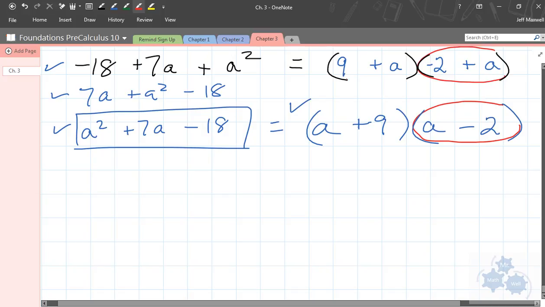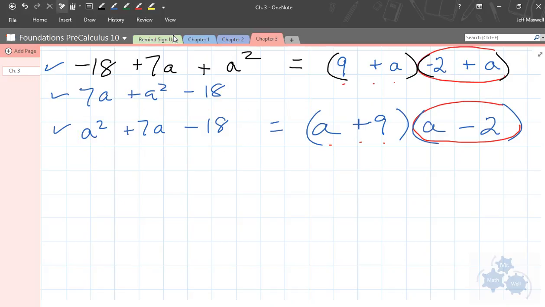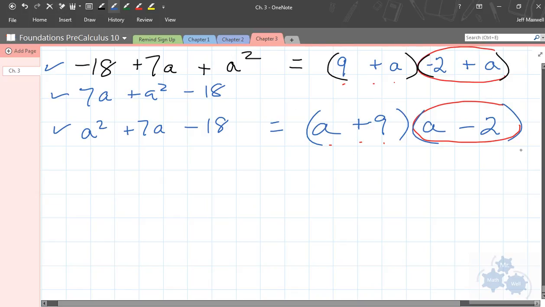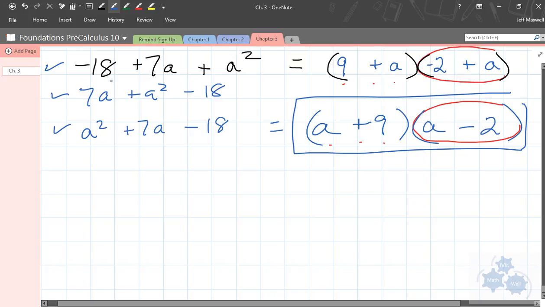Okay? And of course, 9 plus a is the same as a plus 9. So either way is okay. They're both correct. I'm going to throw you a little bit of a curveball here so that you can see different things, because you certainly will get polynomials that are written this way, and you've got to know what to do. You can either go ahead and factor them just as they are, or you can rearrange the terms.